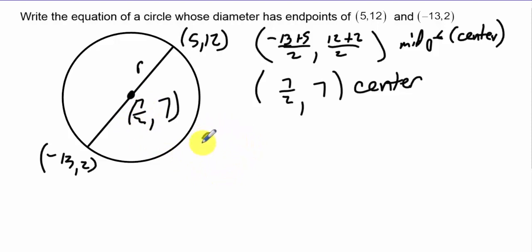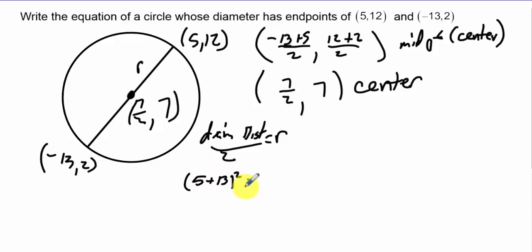We're going to go diameter distance over 2 equals r. So in that case, we will take the difference of the x's, so 5 plus 13 squared, add that to the difference of the y's, or 12 minus 2 squared, and we're going to square root that.